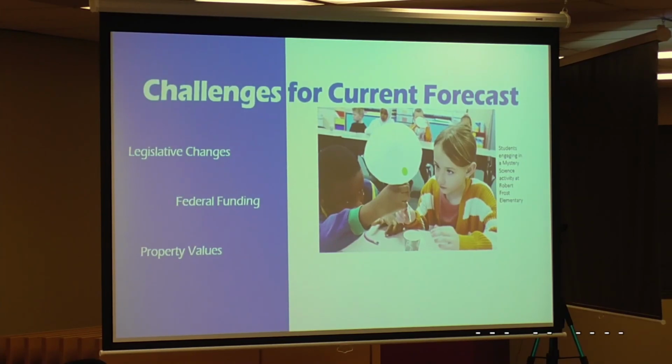It eliminated our ability to do that. We also have the state legislature, which we'll talk about, talking about property taxes, property values, and how all that works. And looking at unfunded mandates that the legislature continues to throw at us, those could add unexpected costs to the forecast that we don't have currently included.